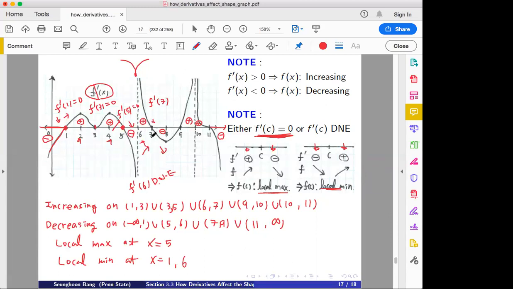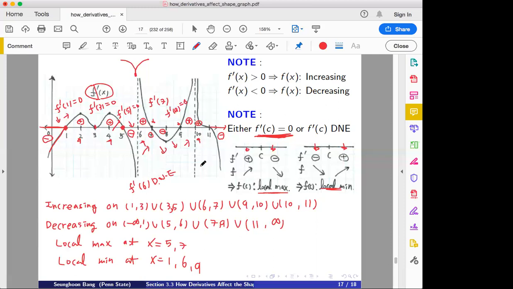Increasing and decreasing at 7, local maximum. What about 9? F prime of 9 equals 0 again. The graph is decreasing, increasing. Negative to positive, local minimum. The graph is decreasing and increasing at 9, local minimum.